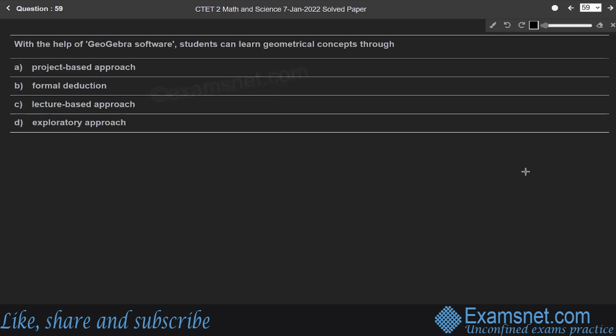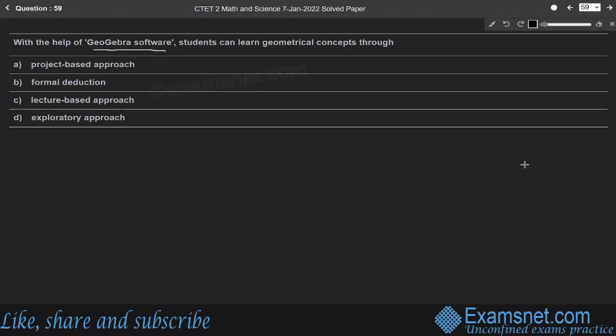Question 59. With the help of GeoGebra software, students can learn geometrical concepts through. Here, GeoGebra software is a computer program to support teaching and learning mathematics subject, especially in geometry, algebra, and statistics.